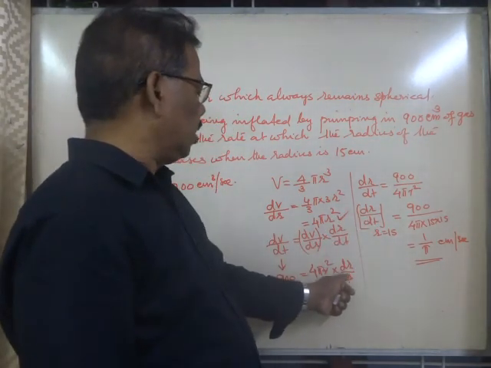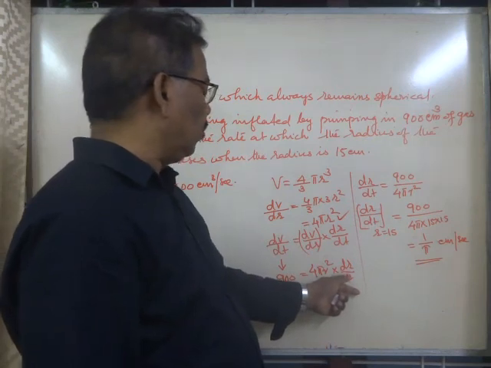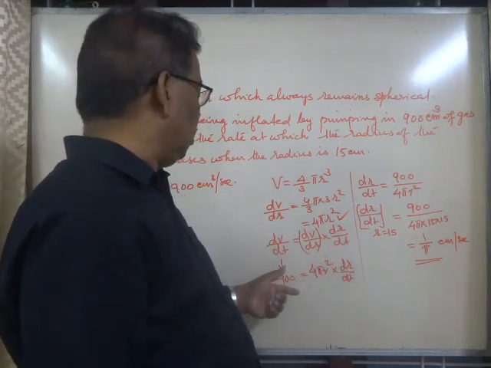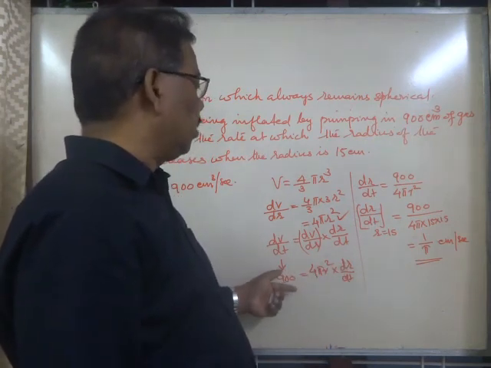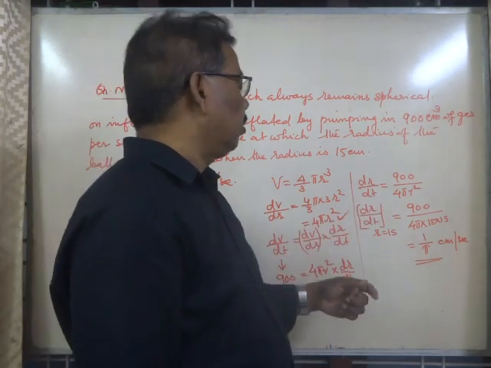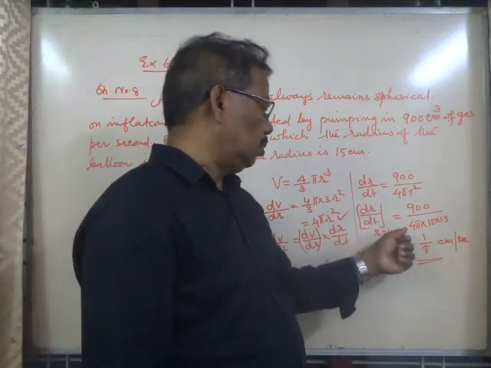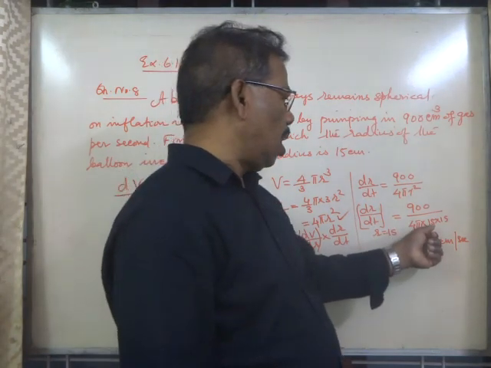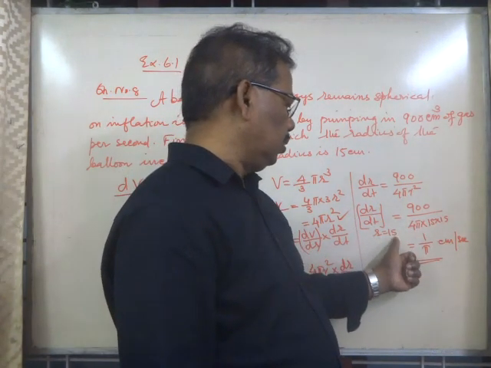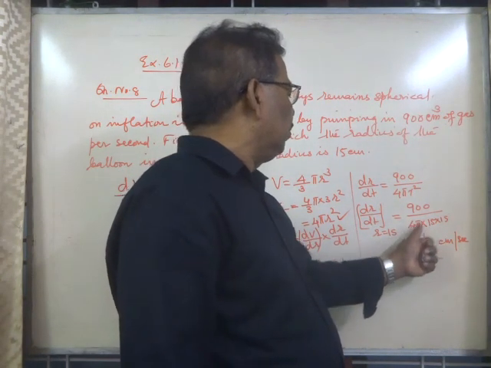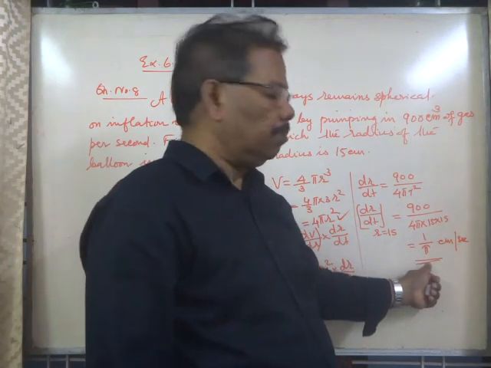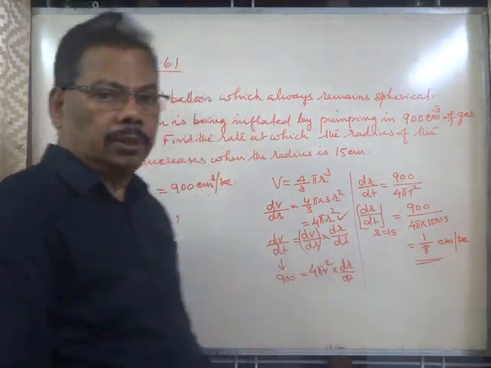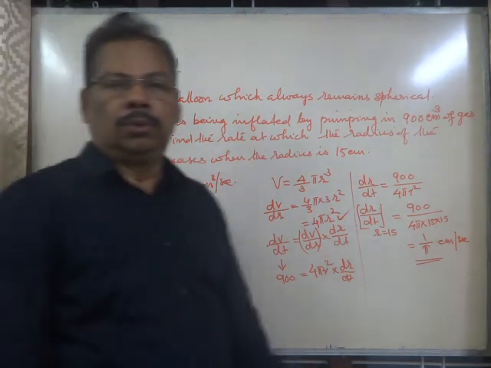Then it is multiplied by dr by dt. For finding dr by dt, we have divided 900 by 4 pi r square, and to get the required answer, you substitute for r. When r is given the value 15, the answer is 1 by pi centimeter per second.